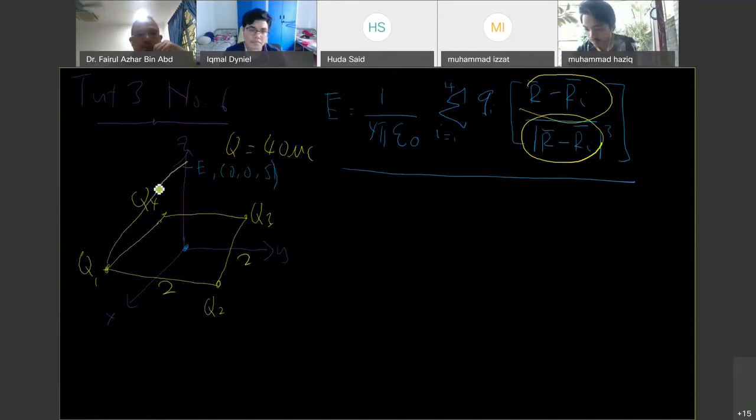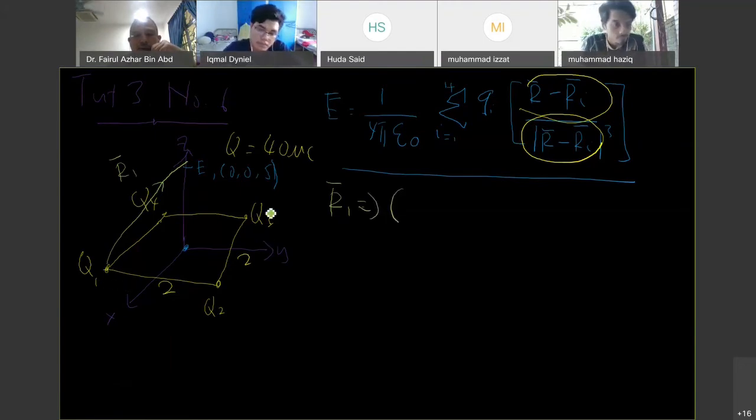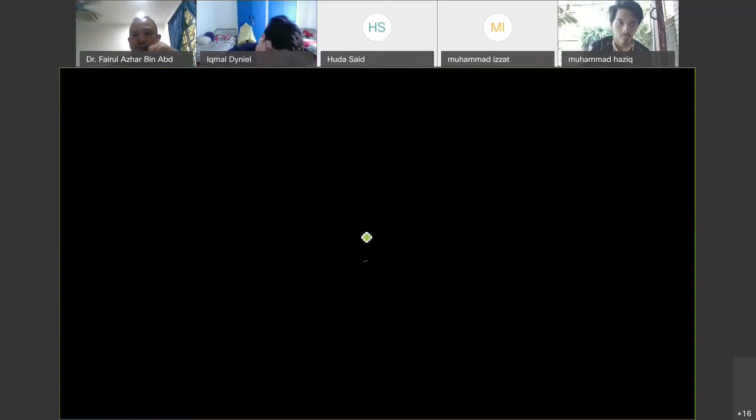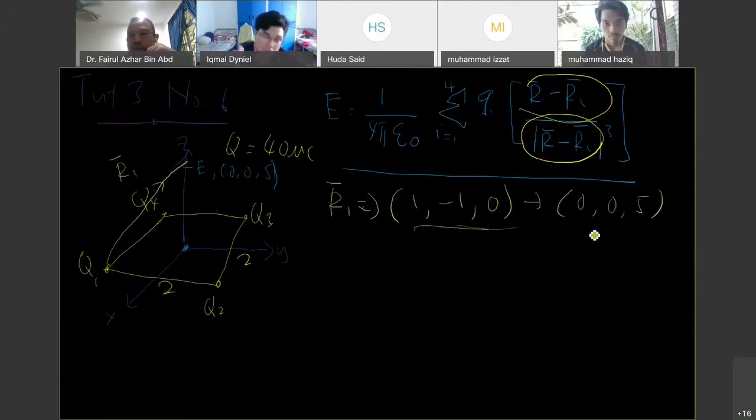This is our vector R1, a vector that travels from the coordinate of Q1, which is (1, -1, 0), to (0, 0, 5). So R1 can be derived as follows.